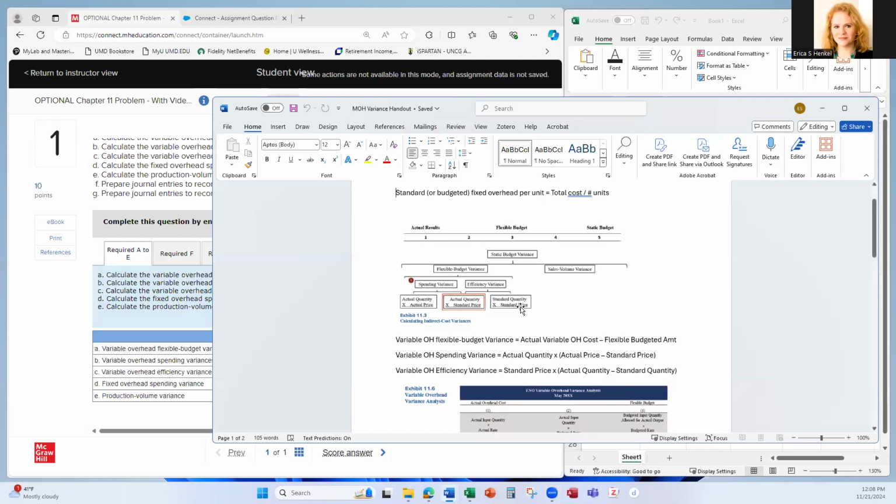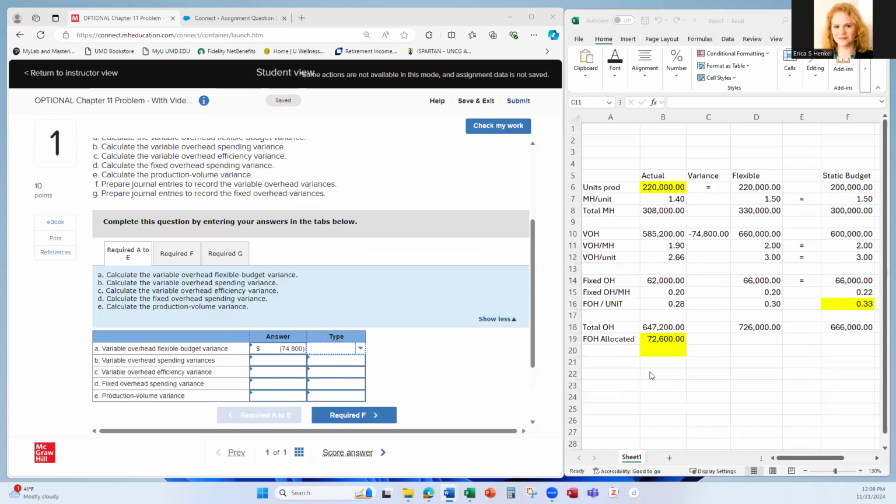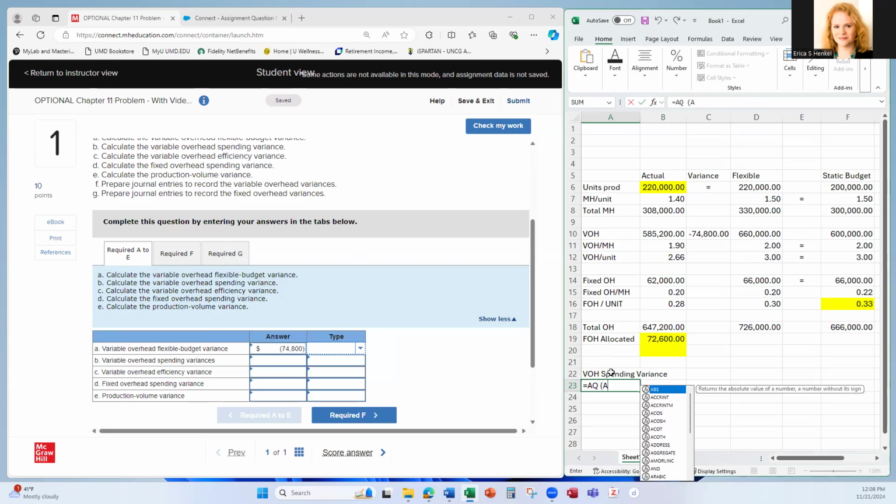So when we're looking at spending variance, remember, it's going to be your actual quantity times your actual price minus your standard price. So variable overhead spending variance equals our actual quantity times the actual price minus the standard price.